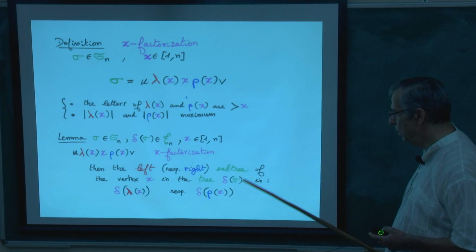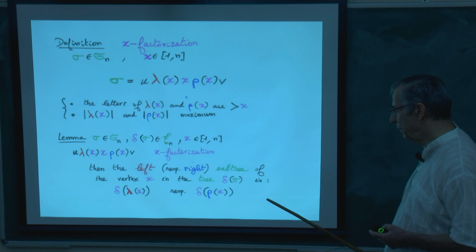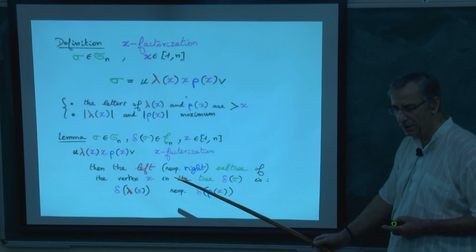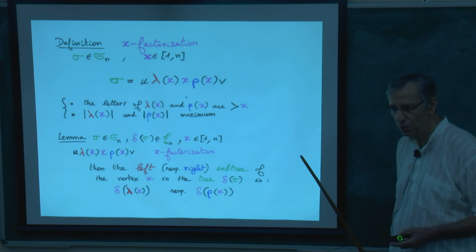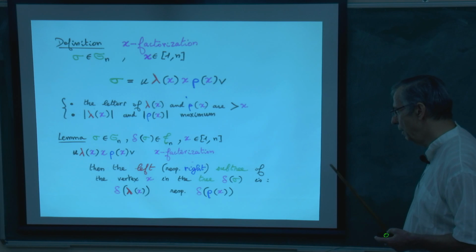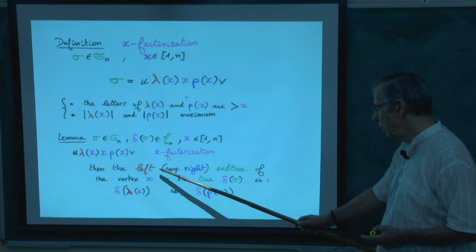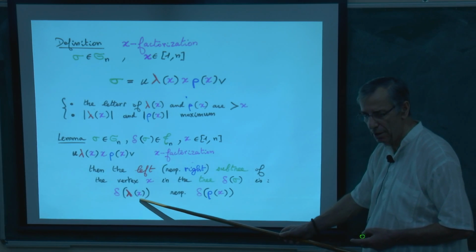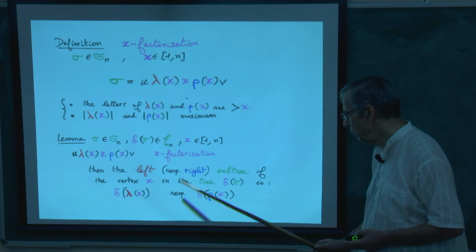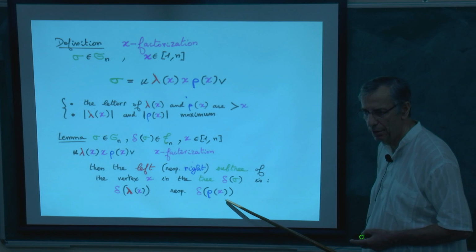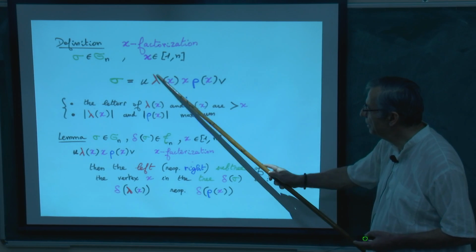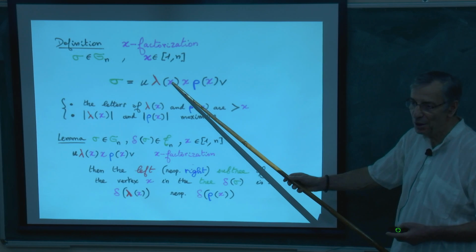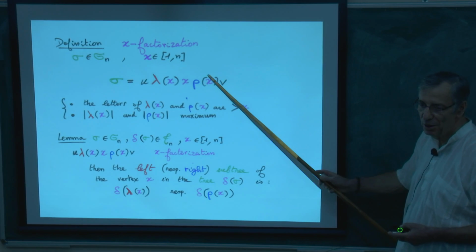And lemma: once I have the X-factorization, I can say what the left subtree, the right subtree, and the roots of the subtrees are. The left subtree of the vertex X in the tree is exactly the déployé of lambda of X. And the right subtree is exactly the déployé of rho of X. So the tree related to this is the left subtree, and the tree related to this is the right subtree.